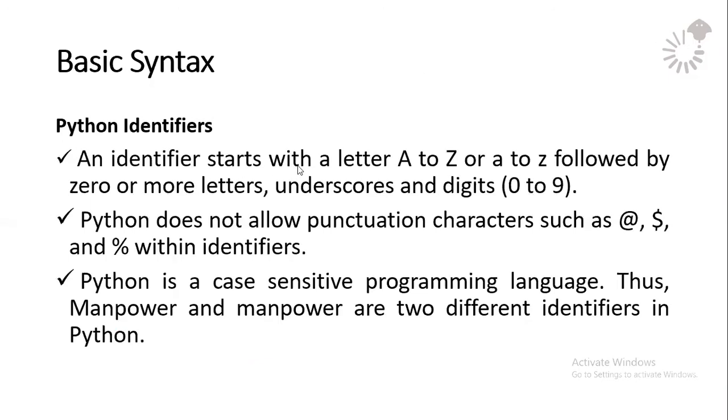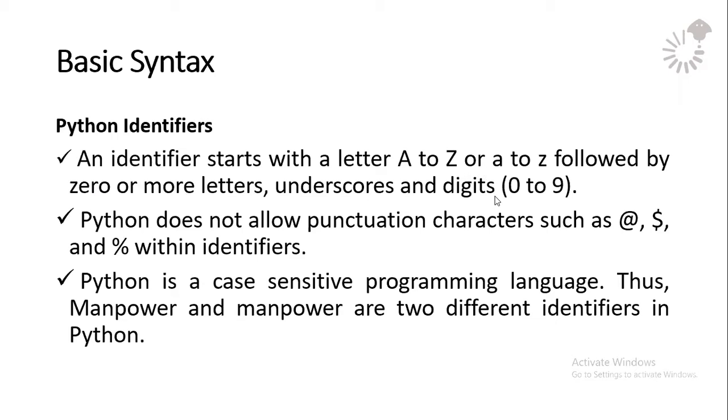An identifier starts with a letter, A to Z capital or small, followed by zero or more letters, underscores, or digits.